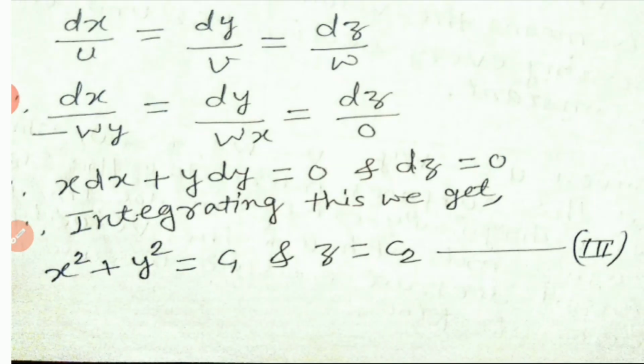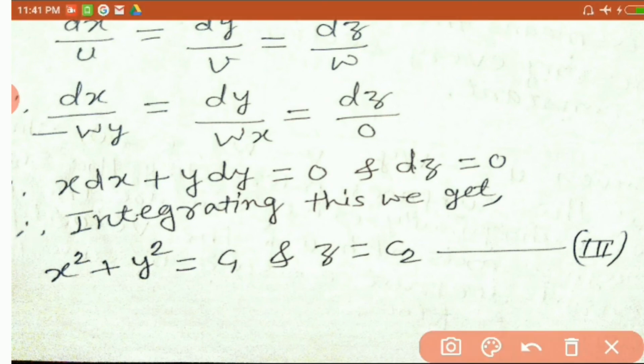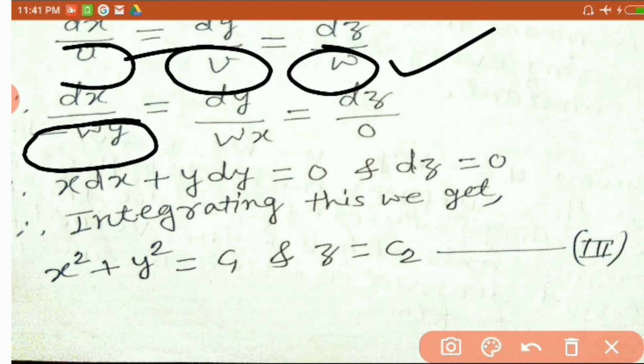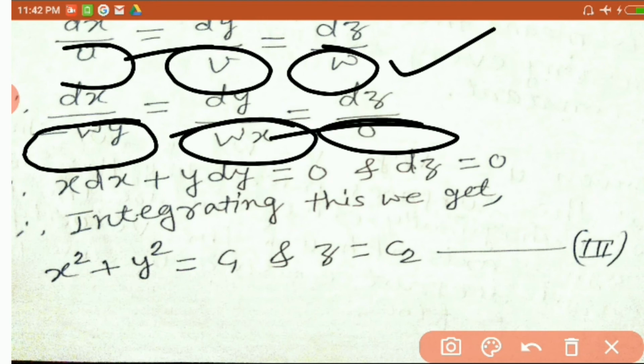The streamlines are dx upon u is equal to dy upon v is equal to dz upon w. We are given the values of u, v, w: u is minus wy, v is wx, and w is 0.